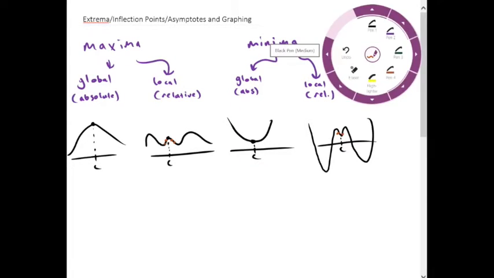So we have this theorem called the extreme value theorem.